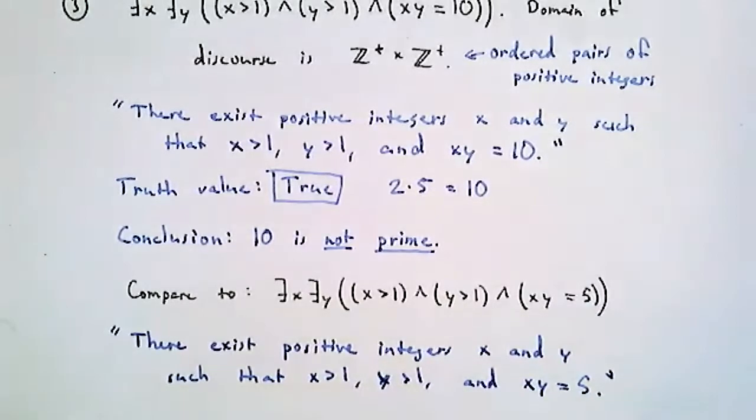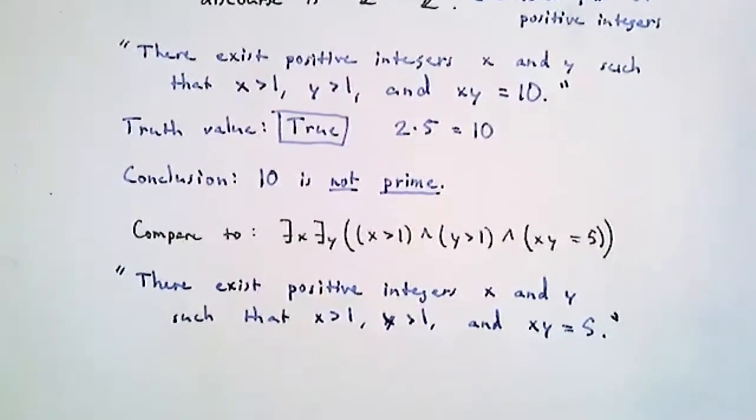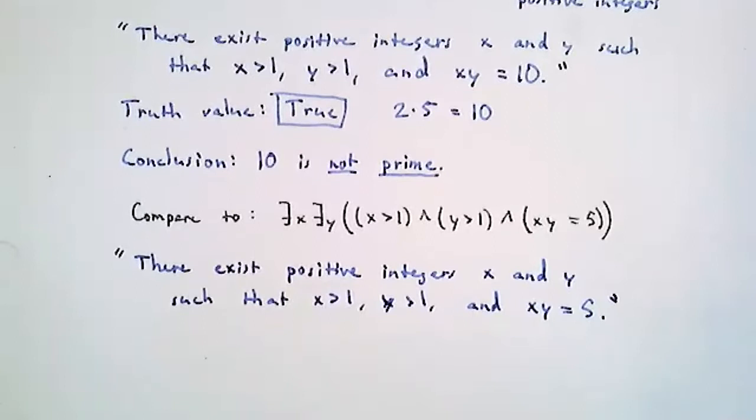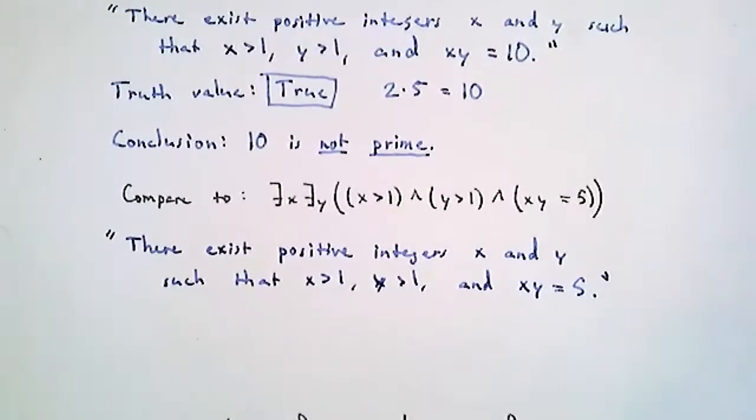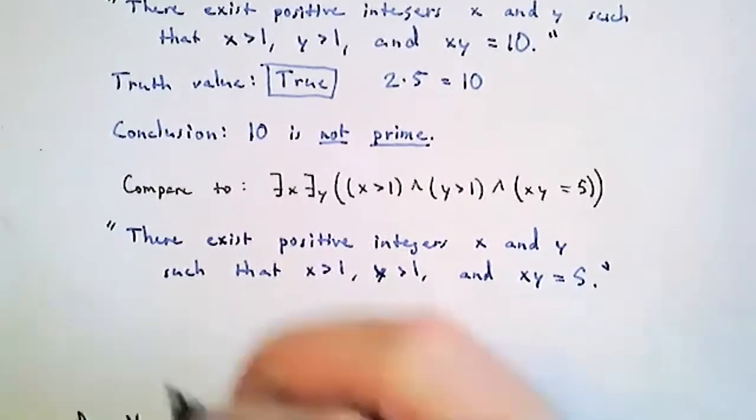So is this one true or false? It's false, because 5 actually is a prime number.